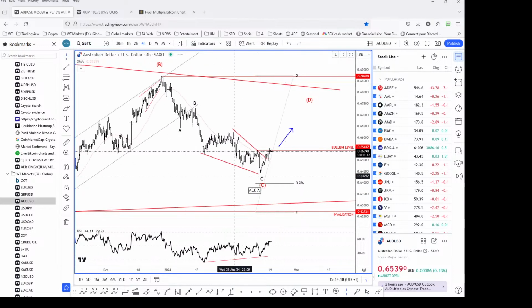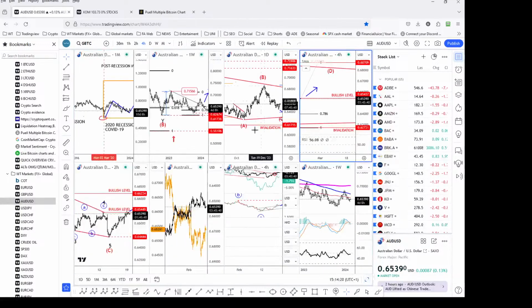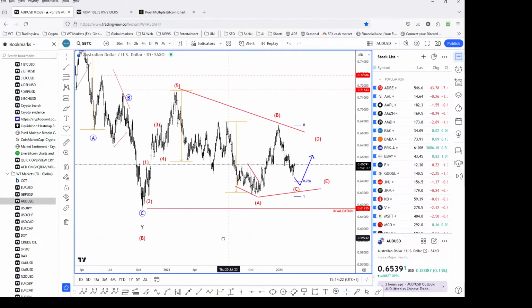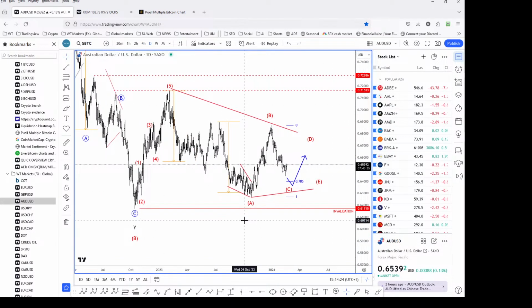Okay, but if you look at a slightly higher time frame here, it's a daily chart. I adjusted this view recently. I labeled back in December that this is a very big ABC correction, and we are now in the end of a higher degree wave B, and we will see an immediate reaction higher up to 73 or so.